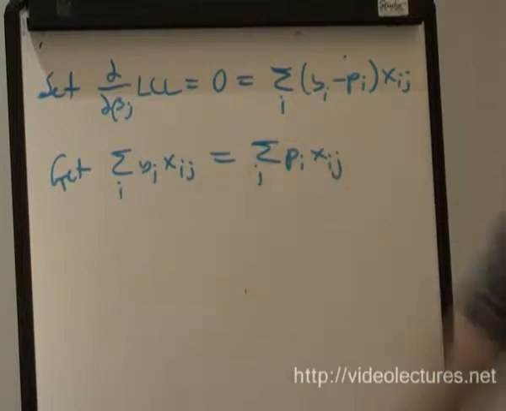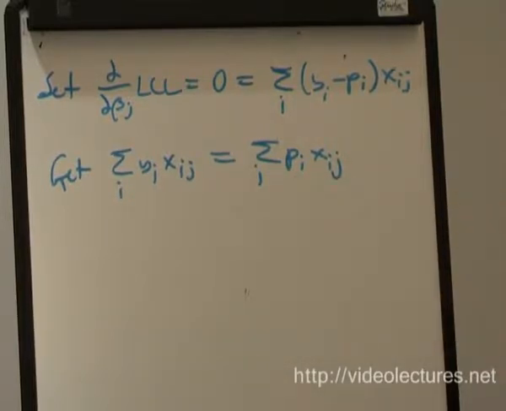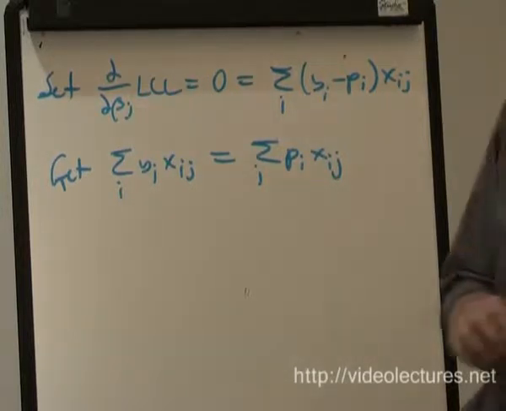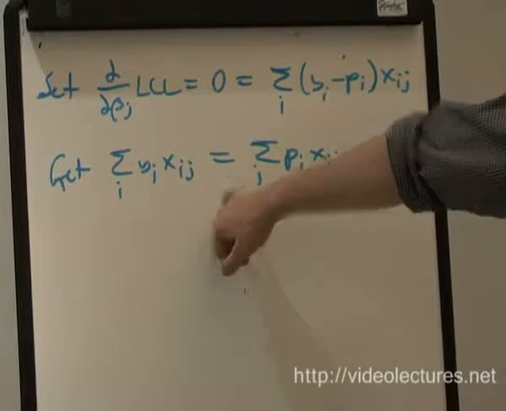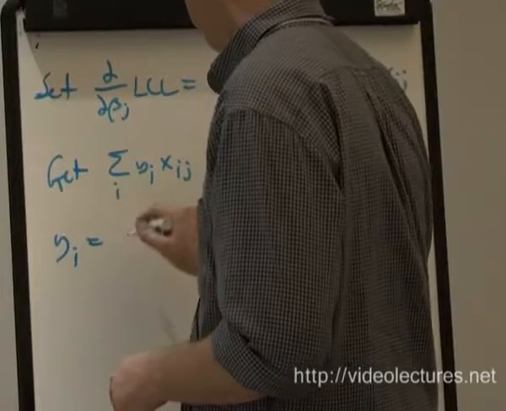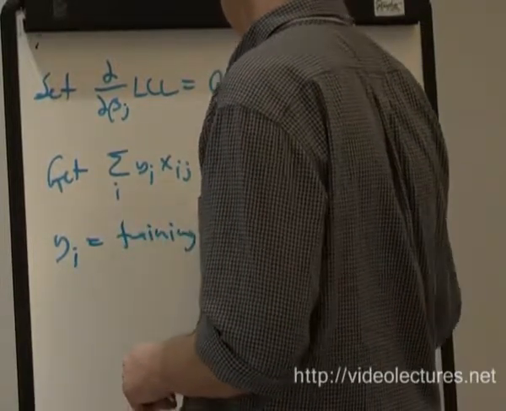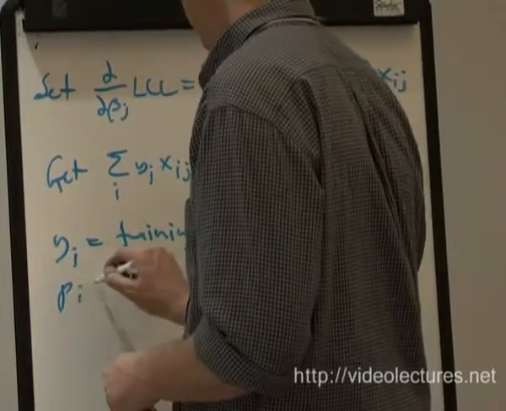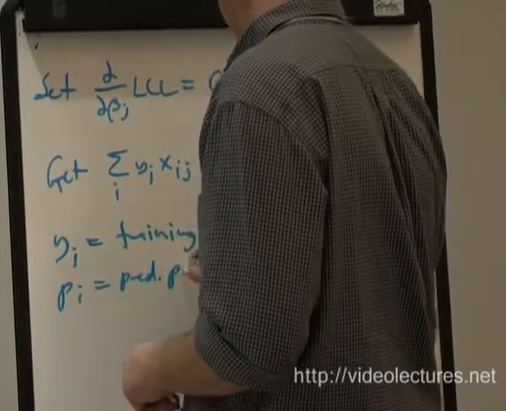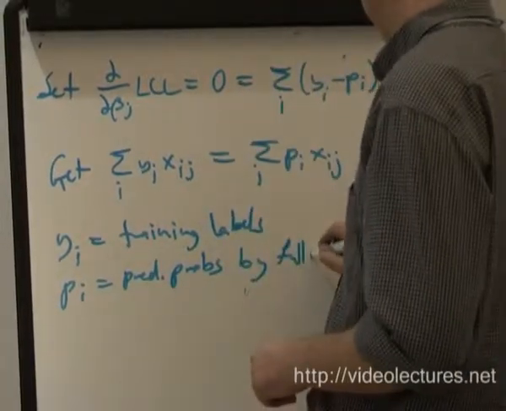Remember, this is over the training data, and the yi's are the training labels, and the pi's are the predicted probabilities for the training examples, and this equality is going to be true for the trained model. So yi equals the training labels, pi equals predicted probabilities by the fully trained model.